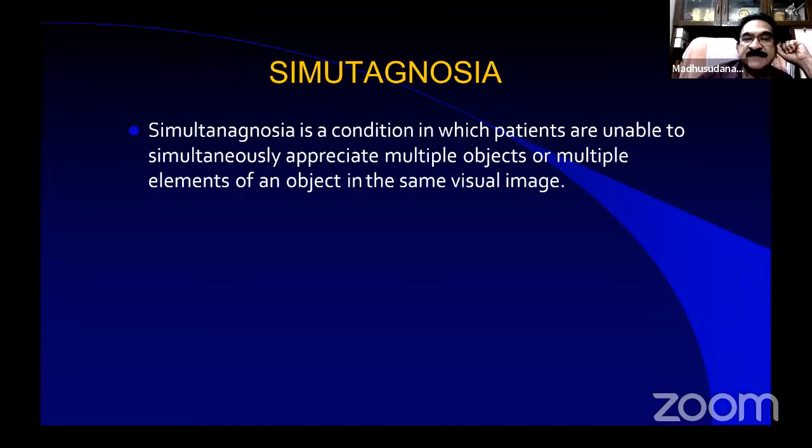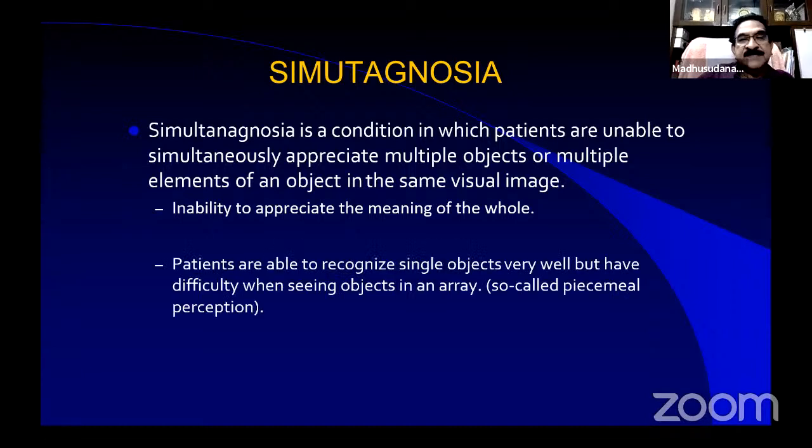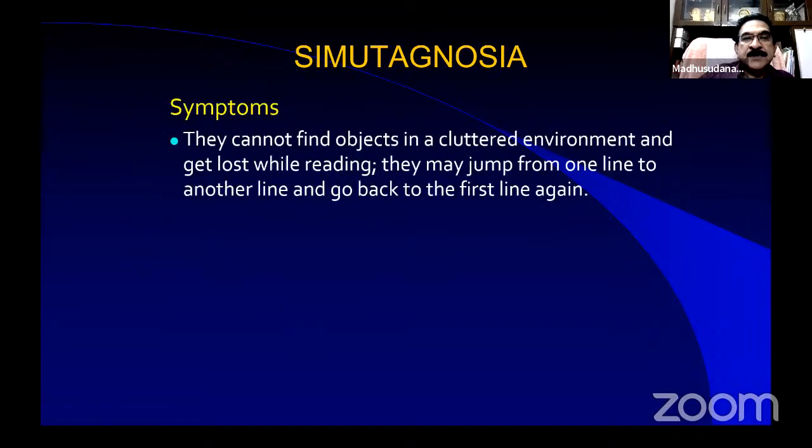It's a condition in which patients are unable to simultaneously appreciate multiple objects or multiple elements of an object in the same visual image, thereby unable to appreciate the meaning of the whole. Patients are able to recognize single objects very well, but have difficulty when seeing objects in an array, so-called piecemeal perception. They cannot find objects in a cluttered environment and get lost while reading.